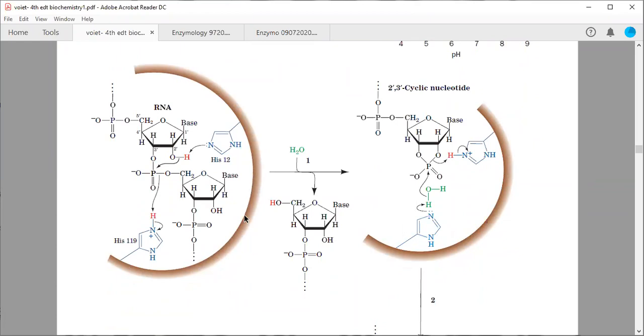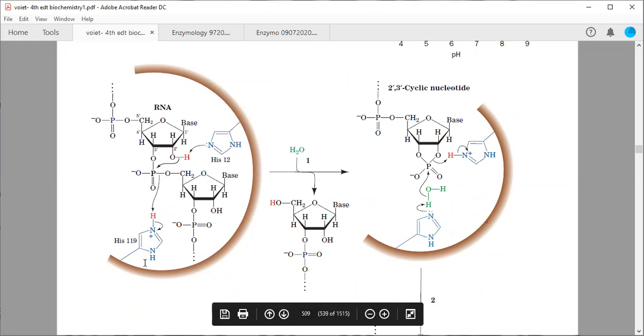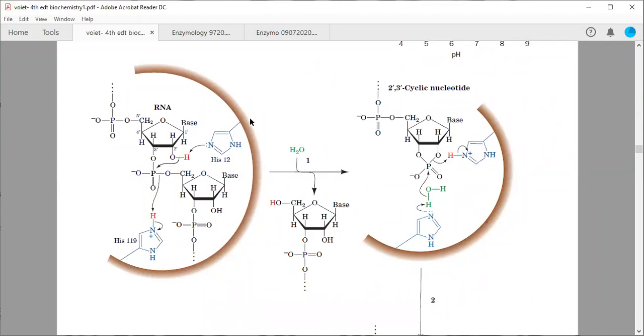For example, I can also show chymotrypsin or lysozyme or some other enzyme, but I'm showing RNase A. There is a reason behind this. I will tell you later, but first look, this is a protein. This protein is made up of amino acids, and you can see the side groups of these amino acids. Suppose there is an amino acid.